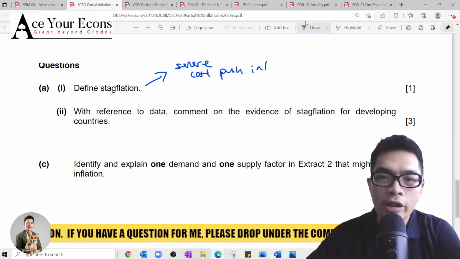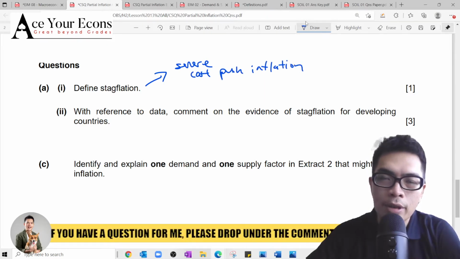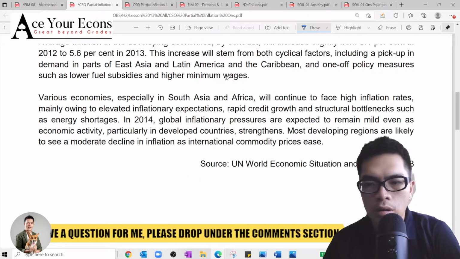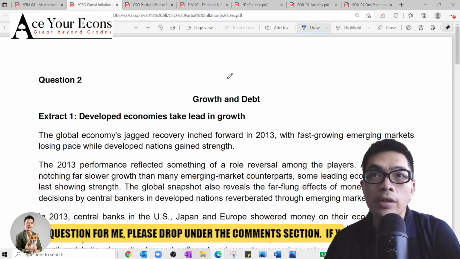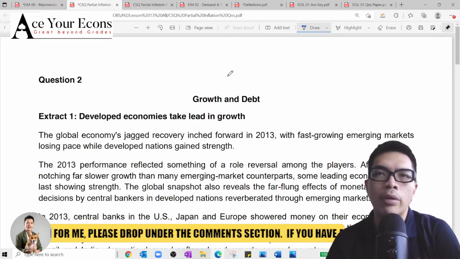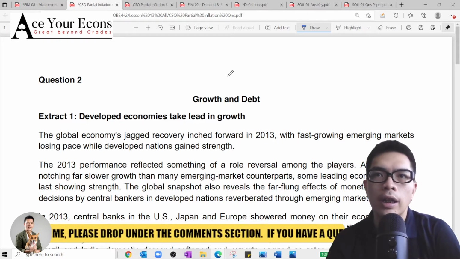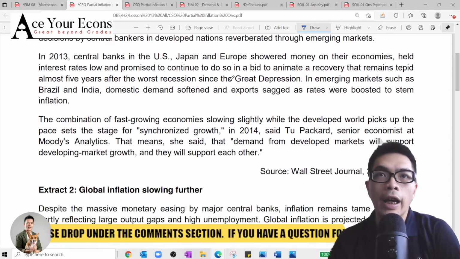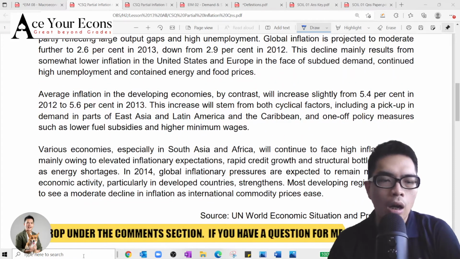But the definition is not severe cost push inflation, I'm just giving you a hint. It's a severe cost push inflation. So with this, it is not a difficult case. I would like you guys to apply what we have learned earlier on in the next 15 minutes. And with that, I'm going to start the timer. All the best.